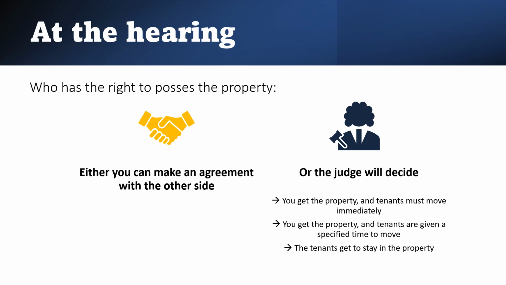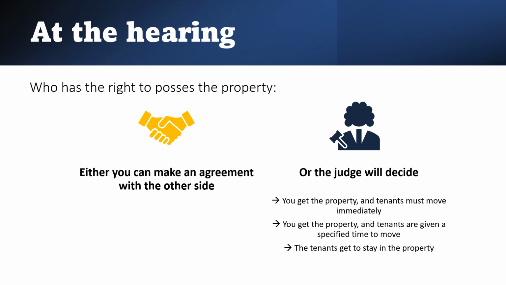Now remember, whatever evidence you want to use at this hearing must be disclosed to the other side and to the court at least 2 days before the hearing. When the hearing starts, the judge will be collecting facts and information to decide who has the right to occupy the property while the case moves forward.